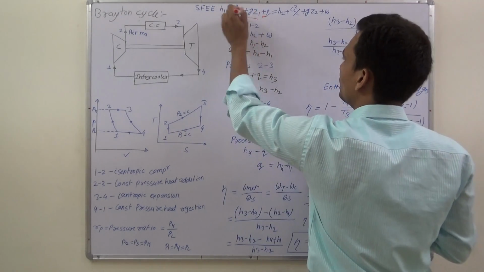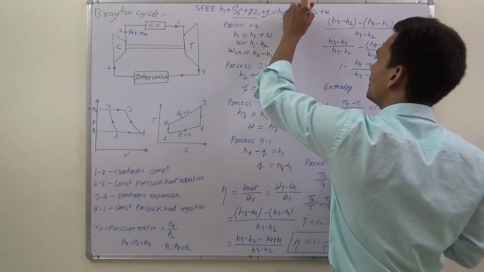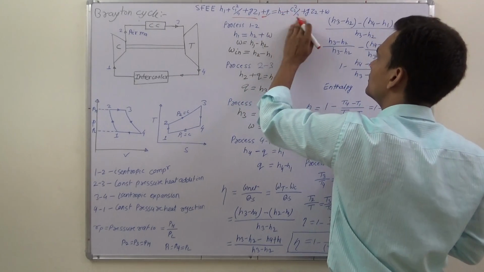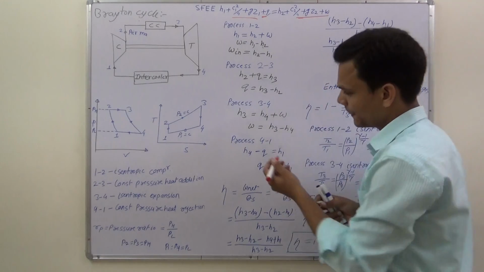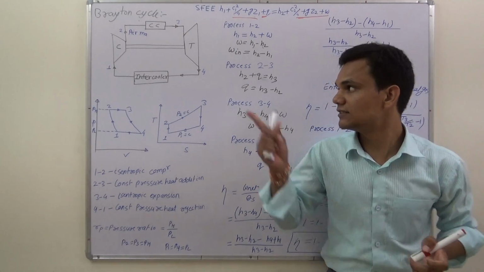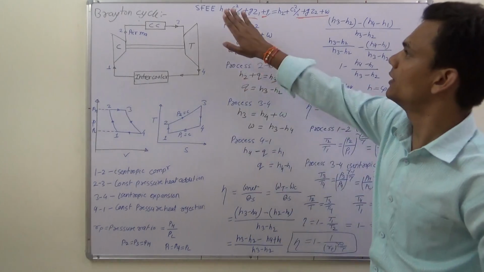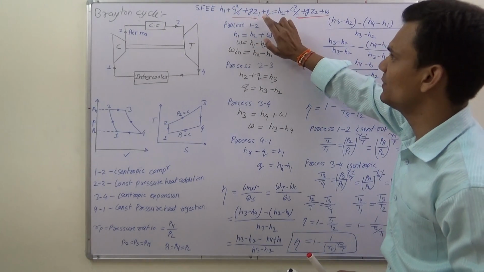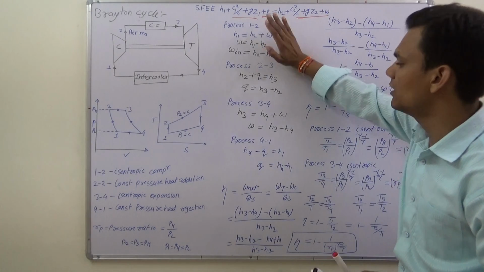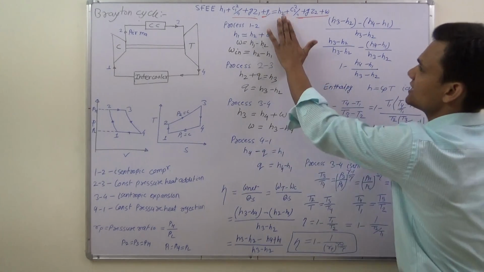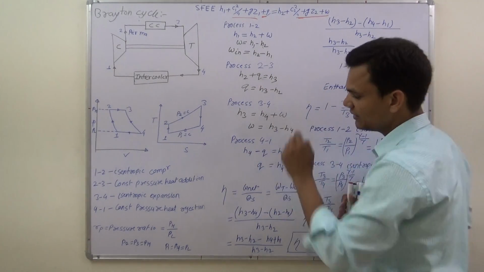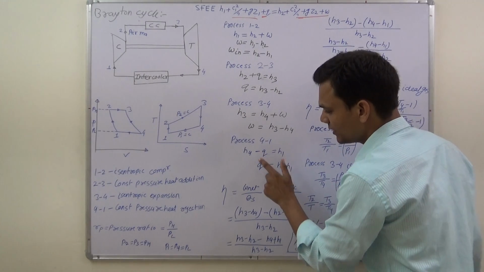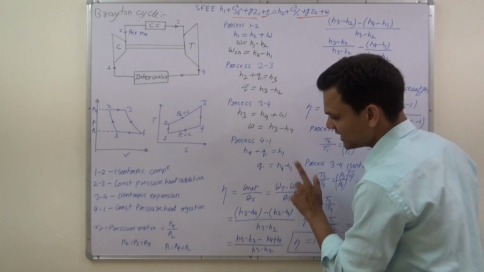So the remaining terms for the heat rejection device, that is the intercooler: H4 minus Q is equal to H1. So this is for the intercooler. For the intercooler we can write Q is equal to H4 minus H1.